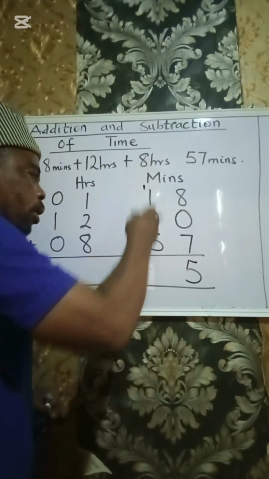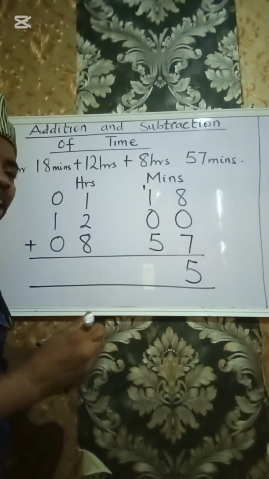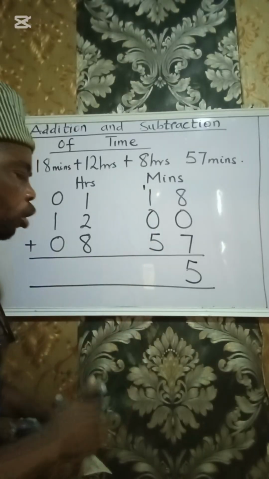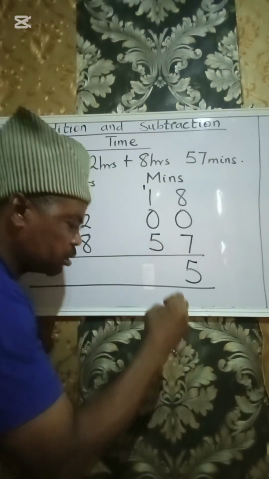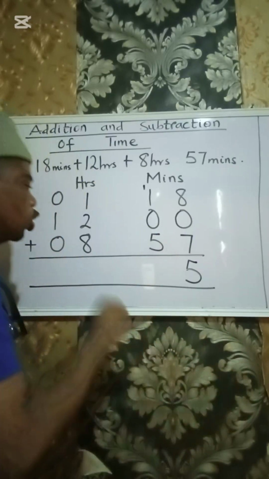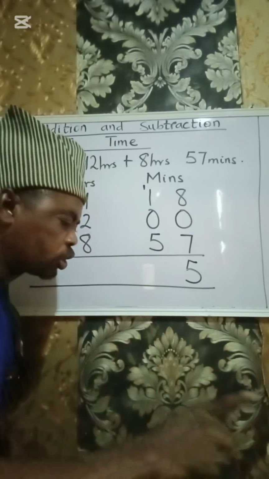Yes, we are now on that special column that we should be very mindful of, because a number that can stay here are 0, 1, 2, 3, 4, and 5. No 6, no 7, no 8, no 9, or whatsoever.